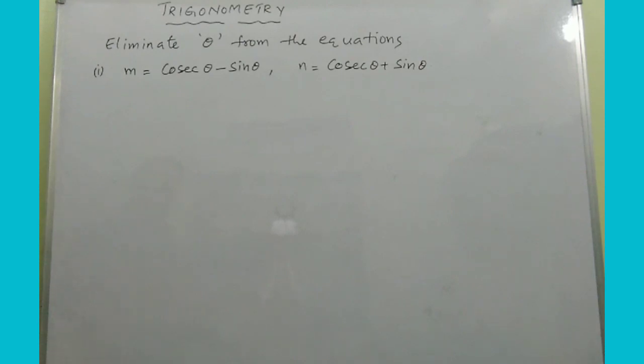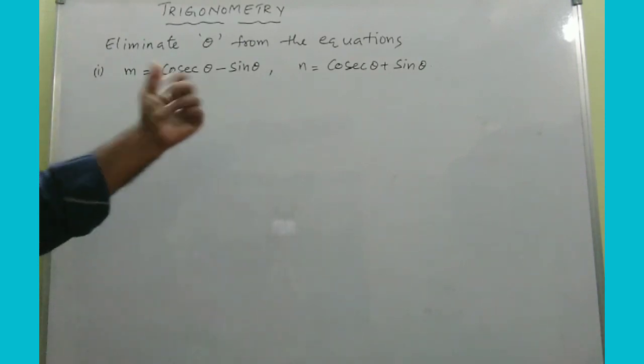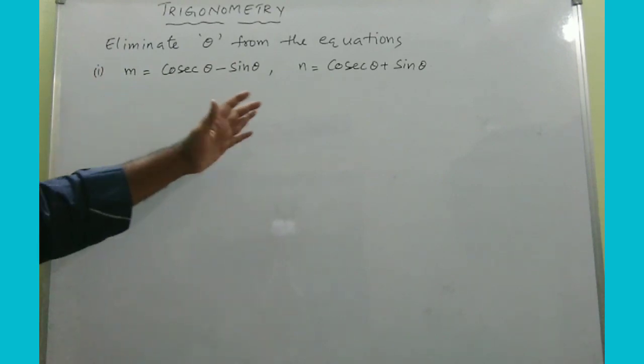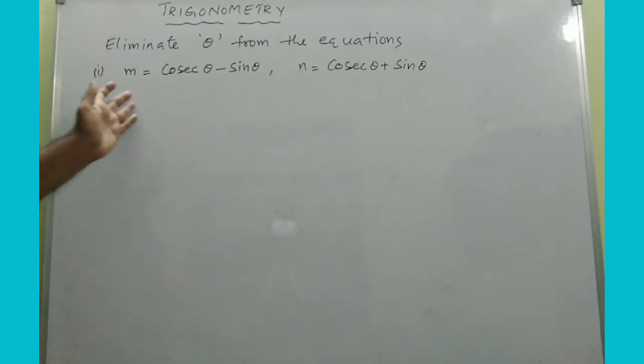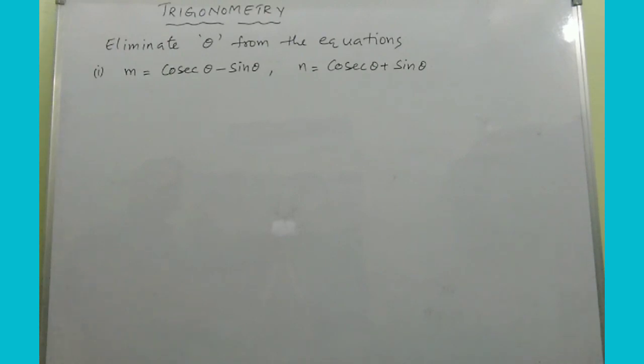I am not telling which is true here. Suppose m plus n is equal to something, or m minus n is equal to something. Maybe m square plus n square is equal to some constant, and so on. Finally we should find a relation between m and n, and that too we need to eliminate theta.